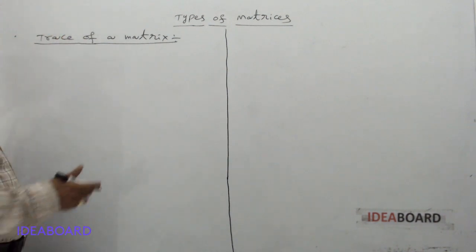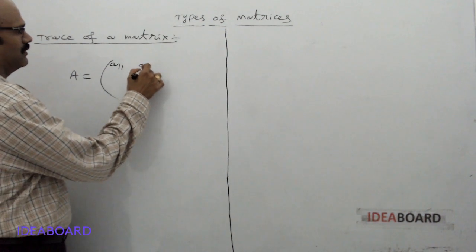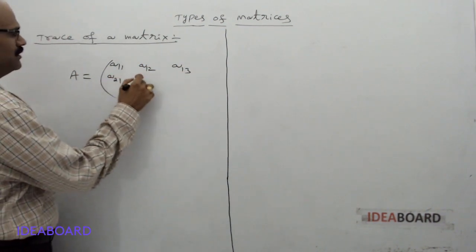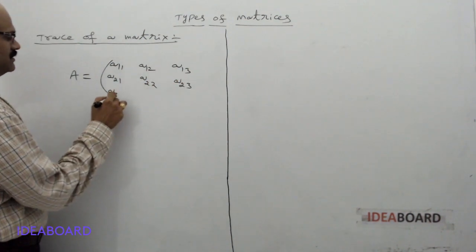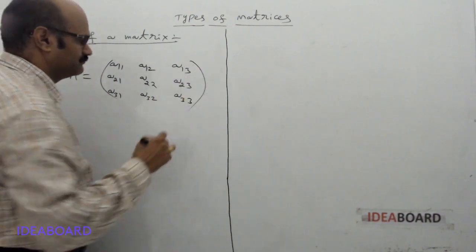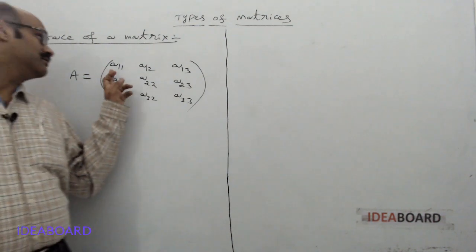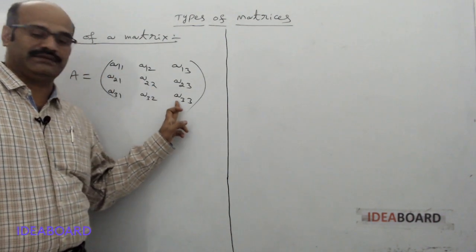Let me take a square matrix A equal to A11, A12, A13, A21, A22, A23, A31, A32, A33. In this matrix A, the diagonal elements are A11, A22, A33.